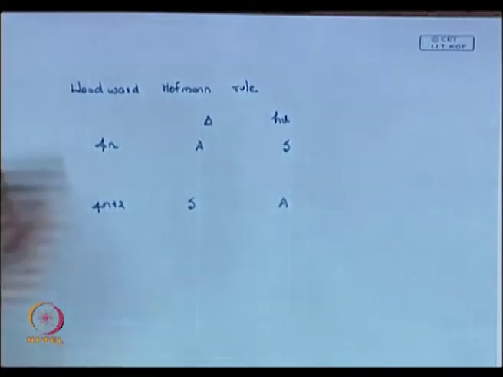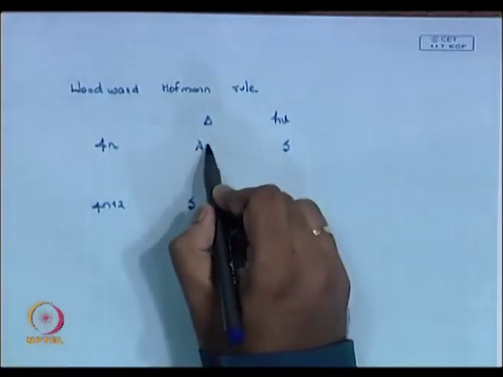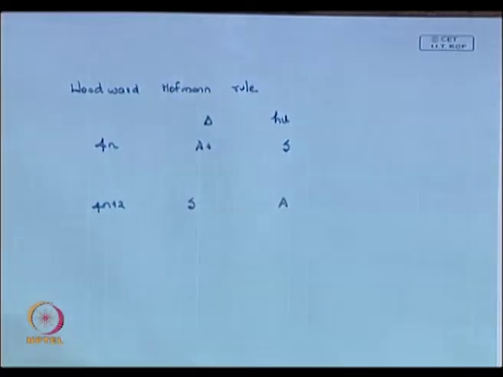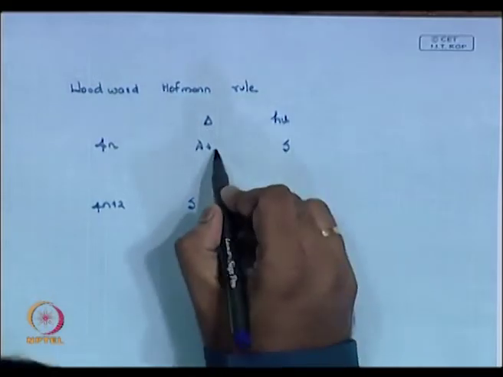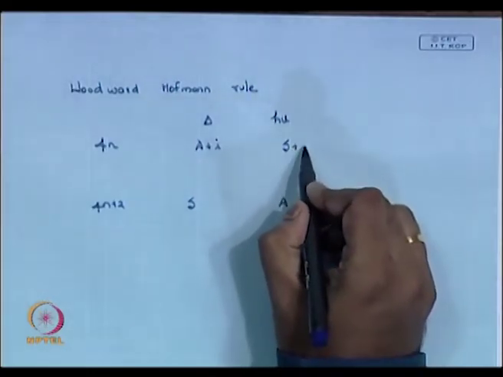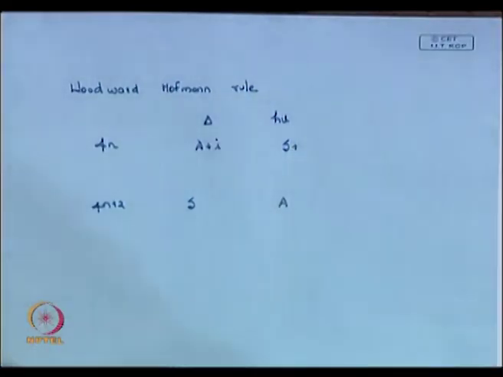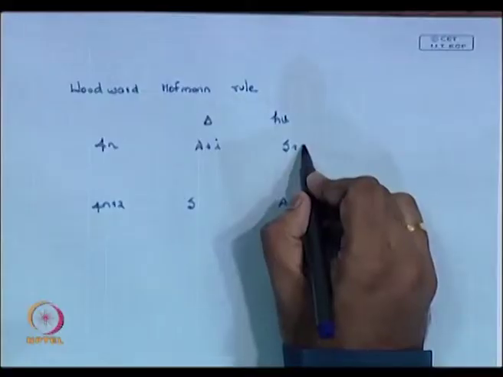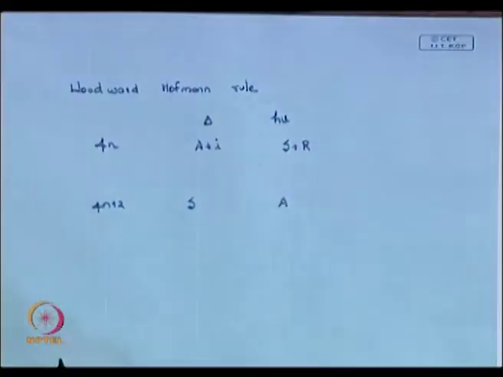So what we found out, if it is a carbon with a chiral center, if it is intrafacial, it should be inversion, so I can put A plus I. If it is suprafacial, it should be retention, because there will be no change in your chirality. So it will be S plus R.